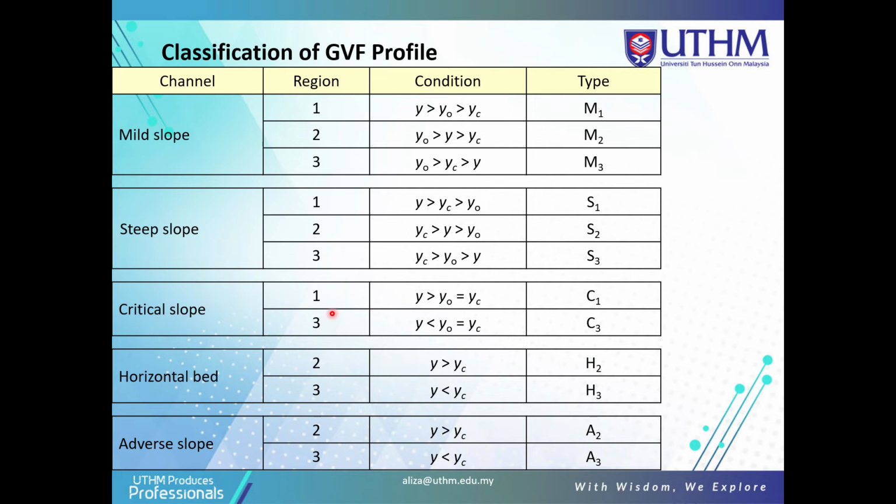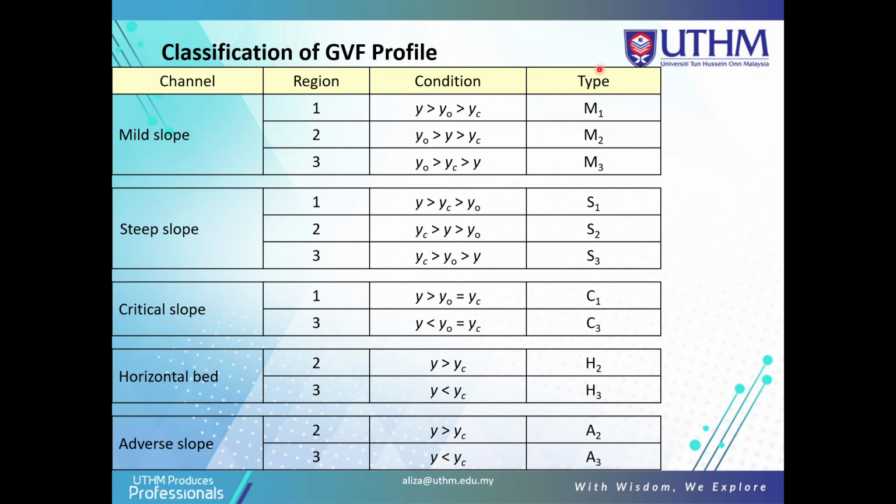Critical slope has only 2 regions, region 1 and region 3. Horizontal bed only has region 2 and region 3, and also the adverse slope. So this is based on the types M1, M2, M3, S1, S2, S3, C1, C3, H2, H3, and A2 and A3.